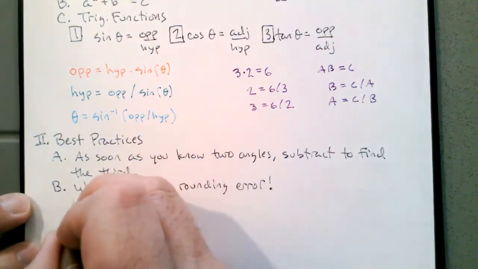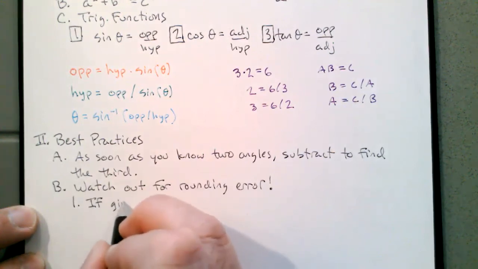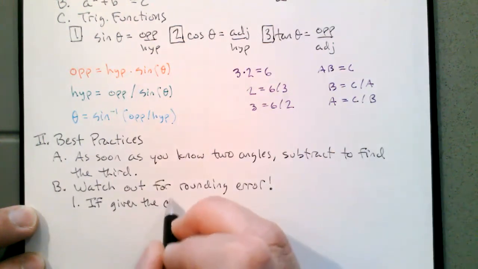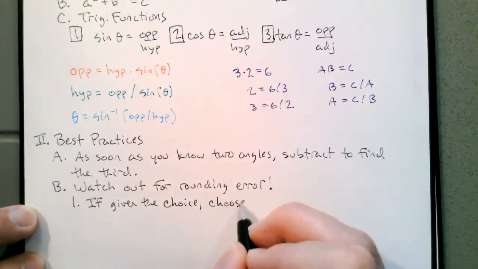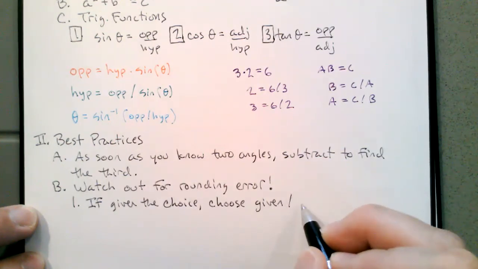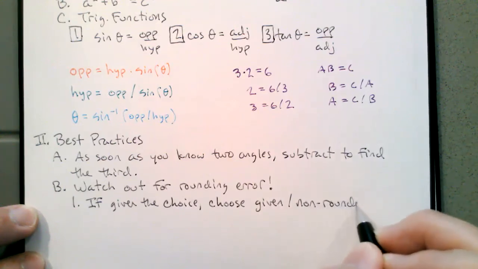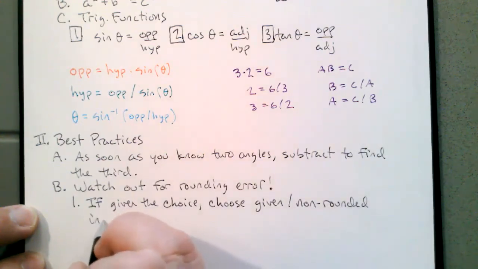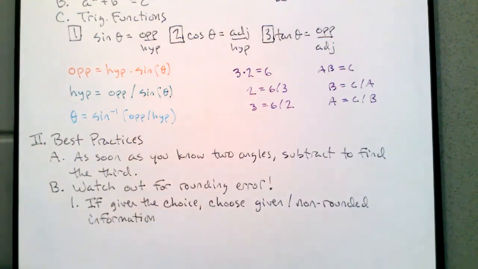So number one, if given the choice, choose given or non-rounded information.